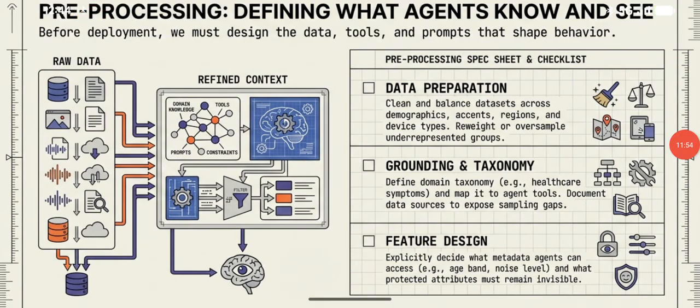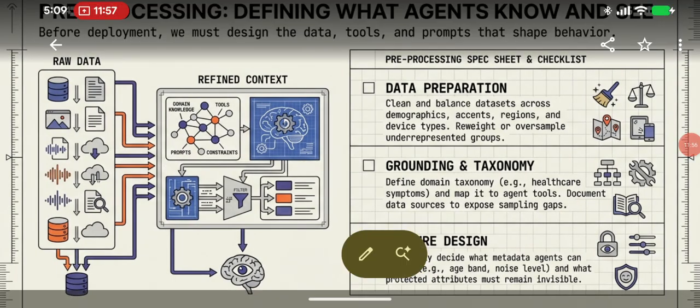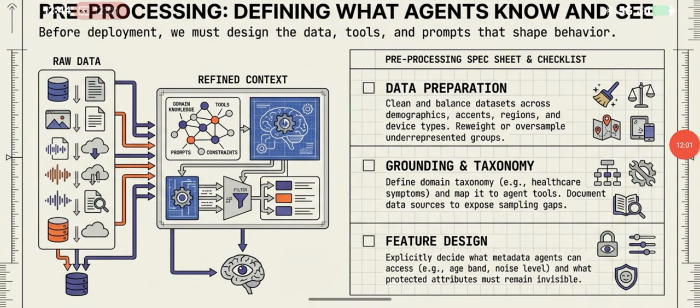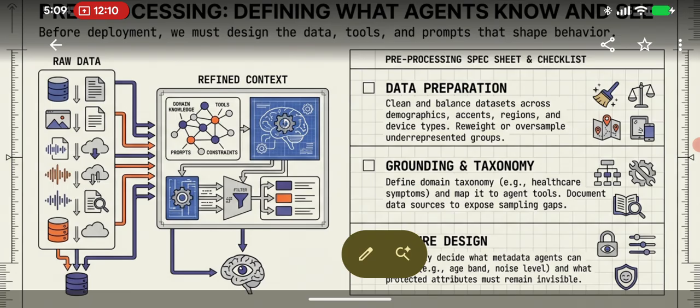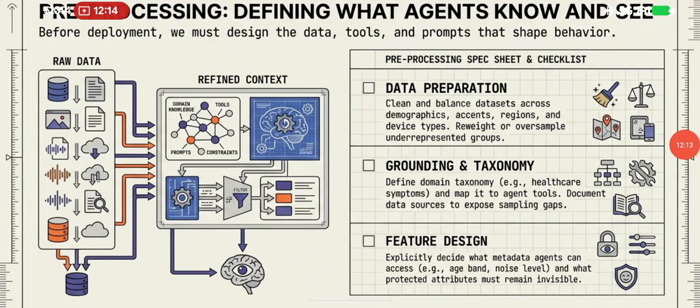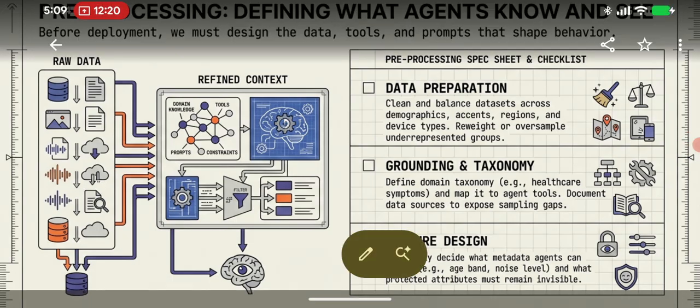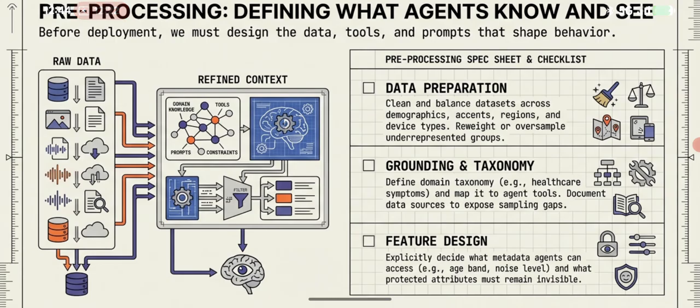So in the pre-processing stage, what we need to do is get the data, and raw data needs to be cleaned and processed. Like in any artificial intelligence data processing, we do data cleaning, normalization, removing outliers, checking the standard deviations. Similarly, in the case of generative AI, based on what kind of mode we are doing, we need to refine the data and make it suitable to use.